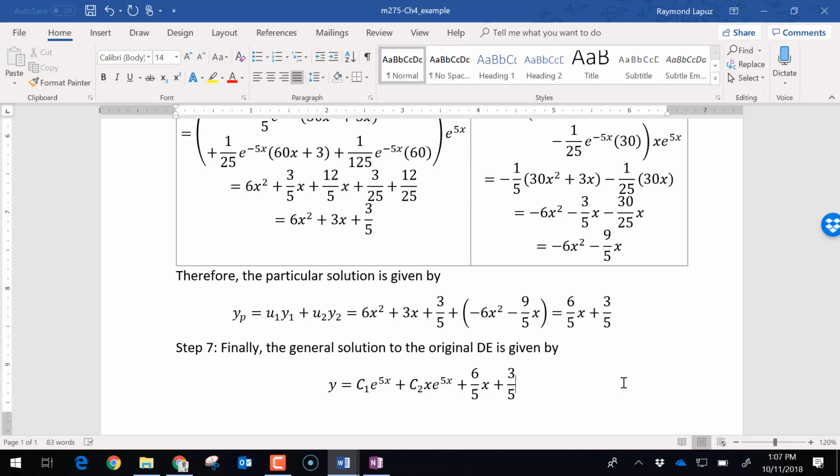If you have the choice between using undetermined coefficients and variation of parameters, undetermined coefficients was way easier. The reason we're going over this particular method is because there are some problems where we're not going to have a choice. So let's get to those examples.